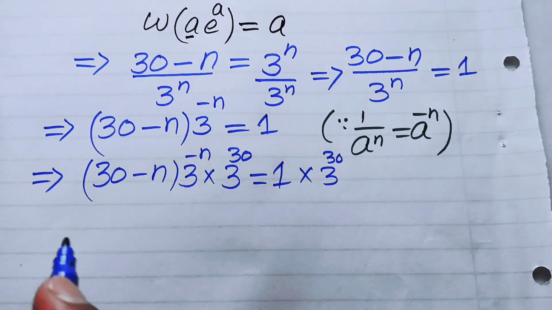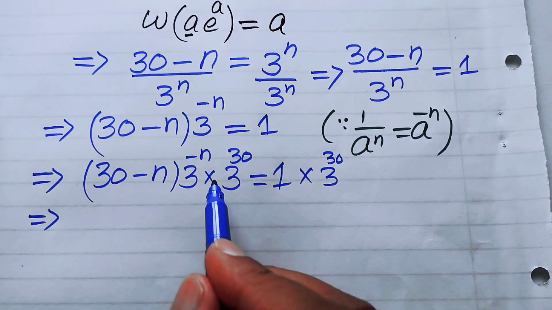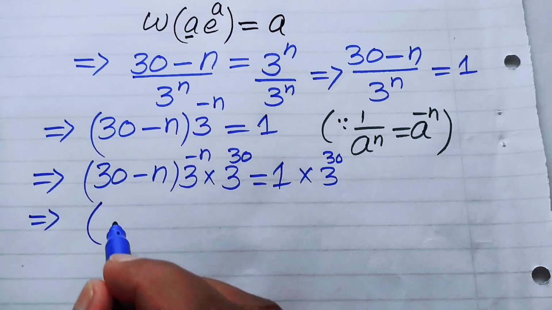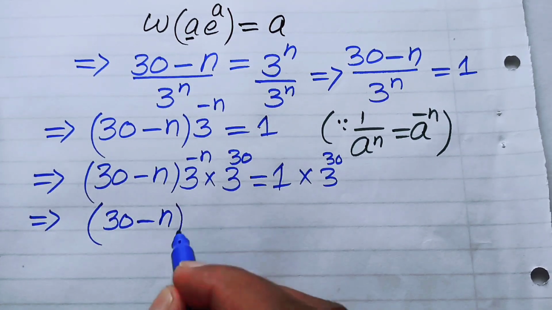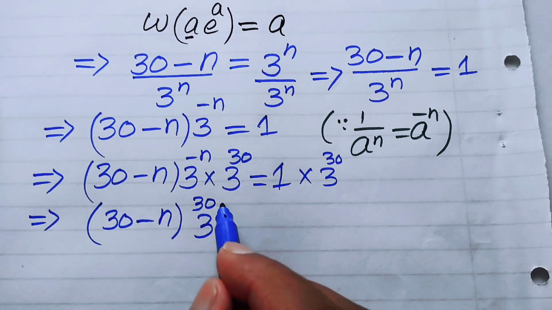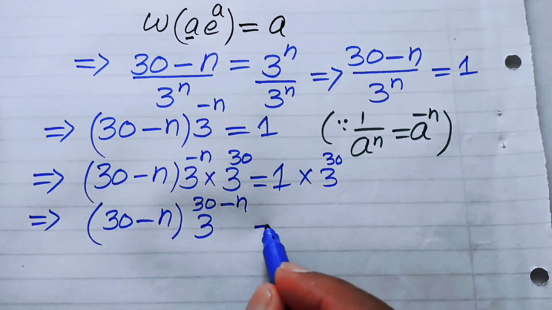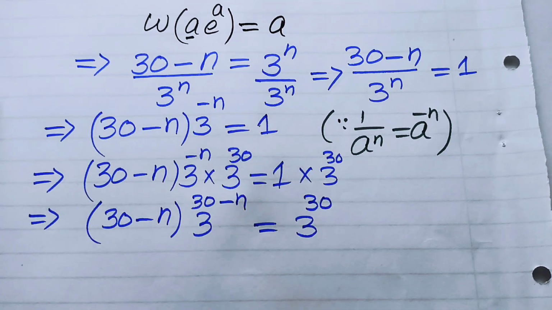Now on the left hand side you see that the bases of both terms are the same, so the exponents are added, and we get 30 minus n times 3 to the power of 30 minus n, and this whole is equal to 3 to the power of 30.